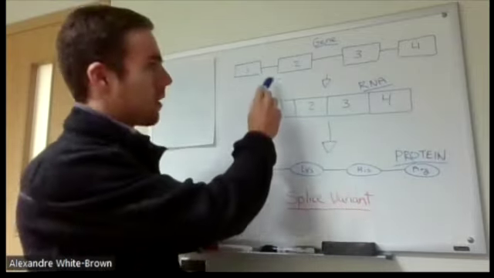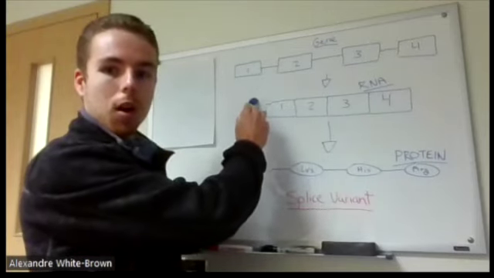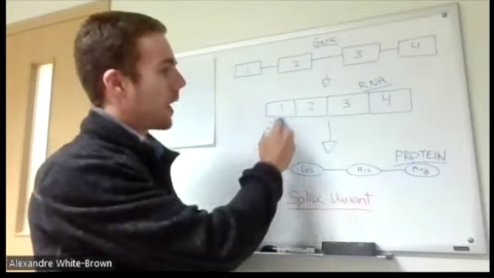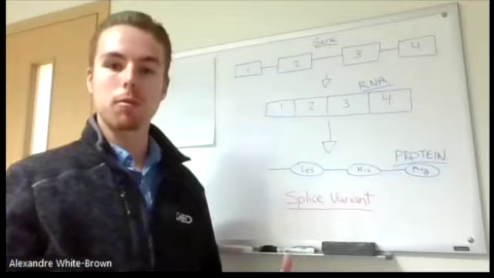So as you can see here, we have the introns at the gene level. And then as we get through our RNA product, what we end up with is the exons all together as a long coding region.